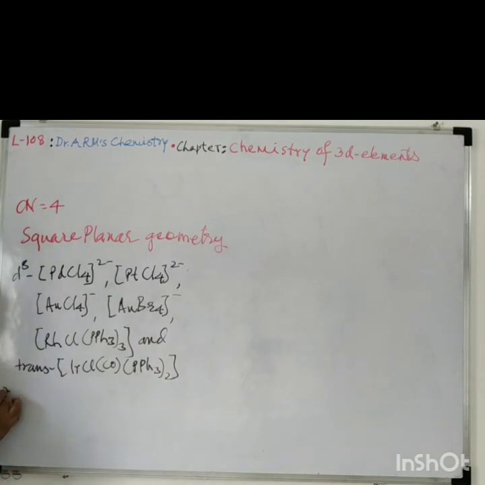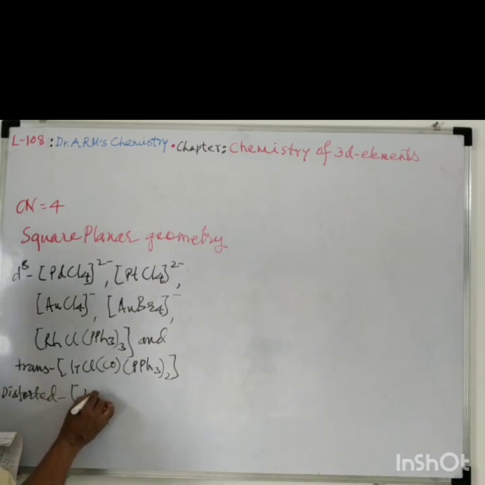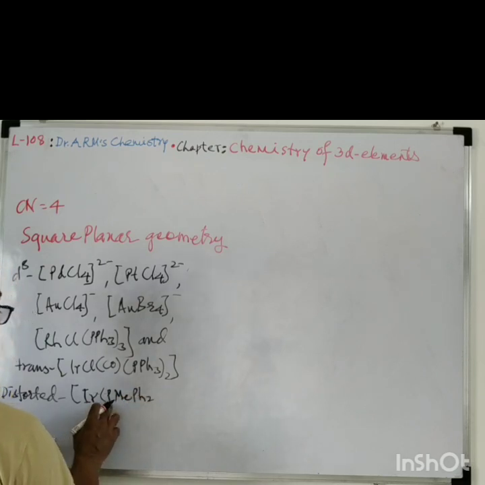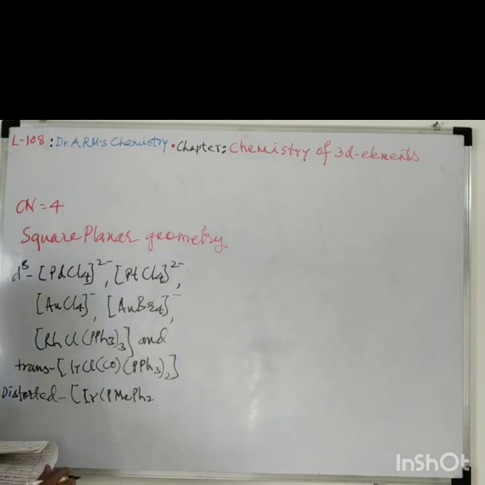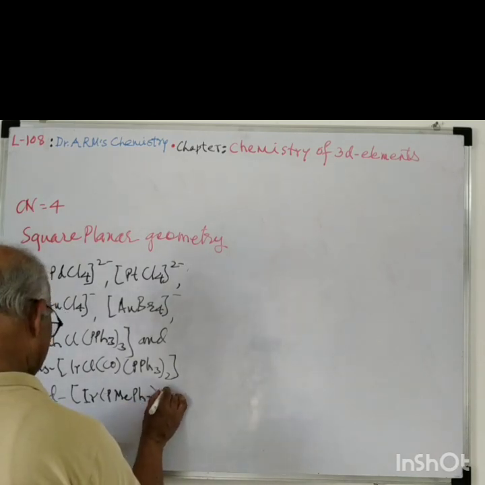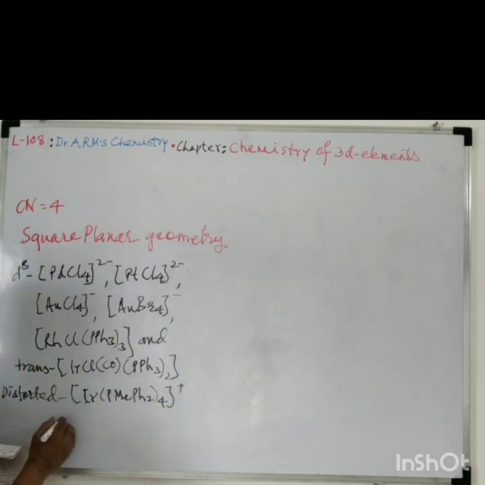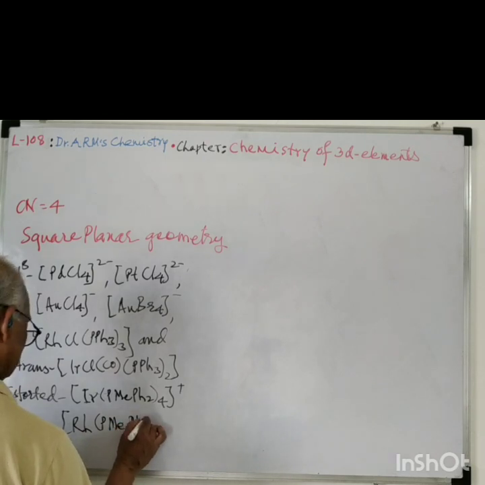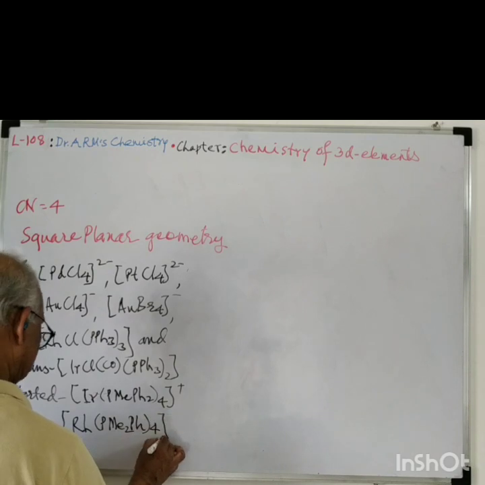Then distorted structures. The example is Ir(PMePh2)4 plus, this is P phosphorus, Me methyl, Ph phenyl, and another is Rh(PMe2Ph)4 plus.